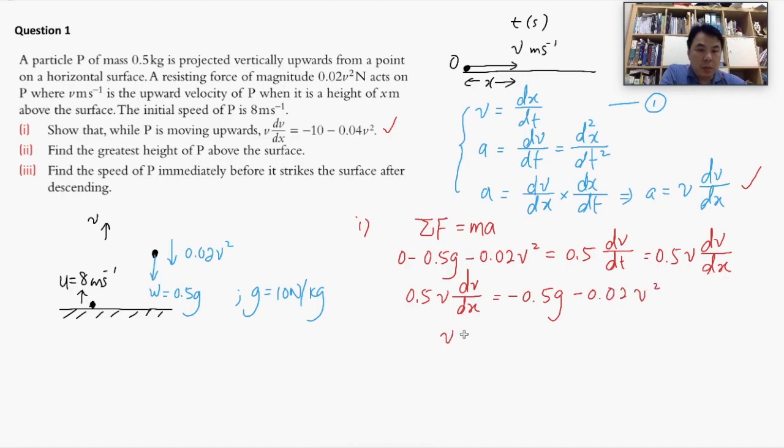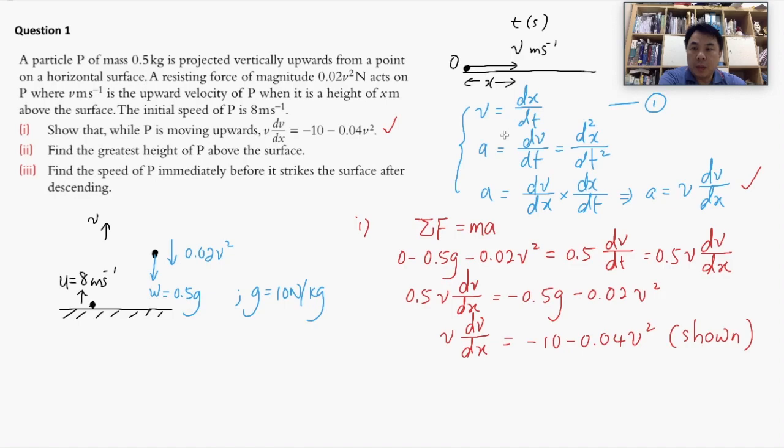Doing some simplification, we obtain this. That will be negative g. Since g is 10 Newtons per kg, we write negative 10, and if you divide this, you get 0.04 v squared. Therefore, we have successfully shown this differential equation for number 1.